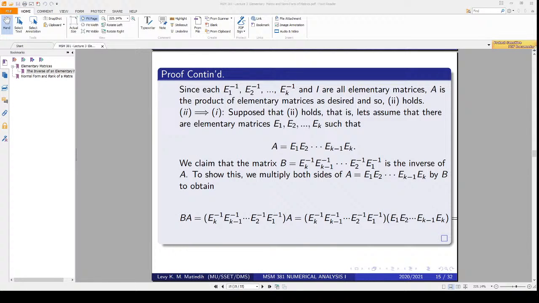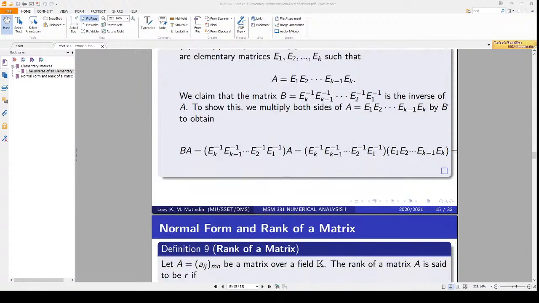Remember, the identity matrix is an elementary matrix. So B times A is an identity matrix. Remember, an identity matrix has an inverse, so an identity matrix is invertible. So what we have shown is that if A can be written as a product of elementary matrices, then A is invertible. Then A has an inverse.